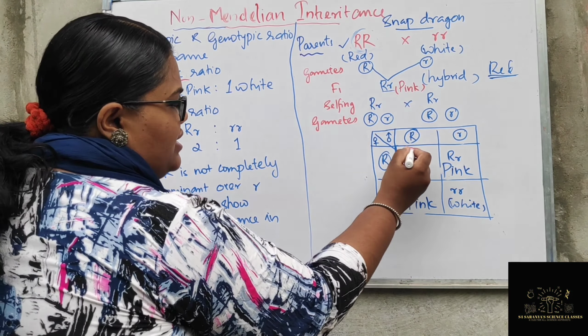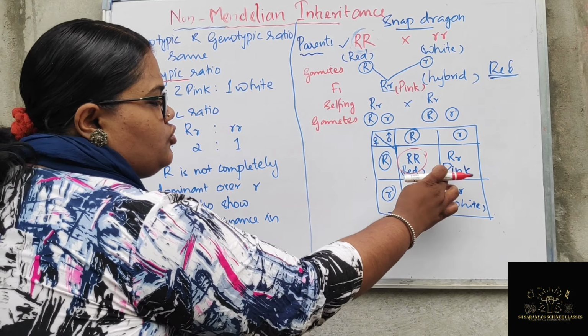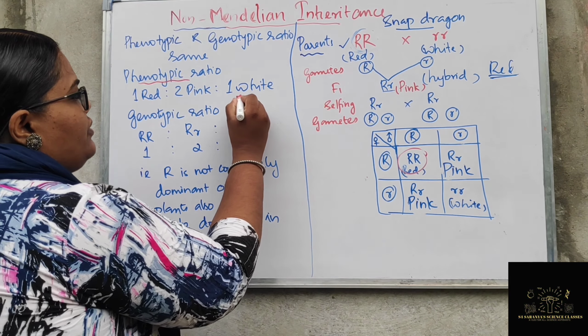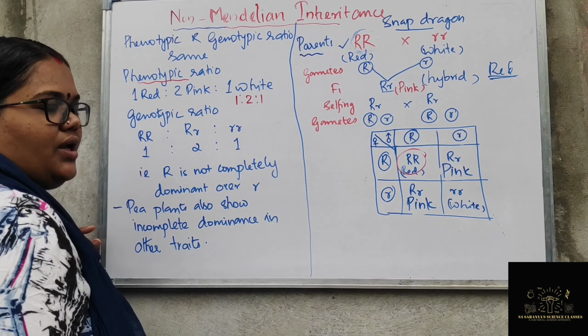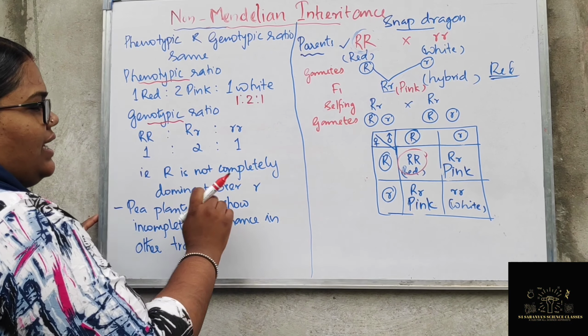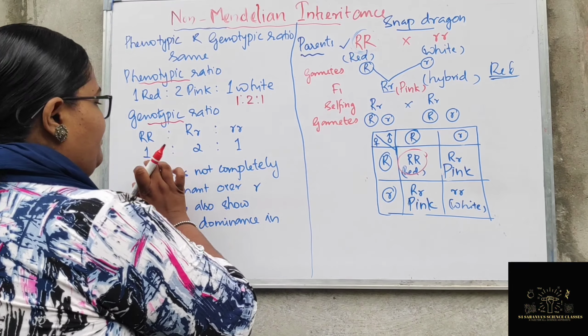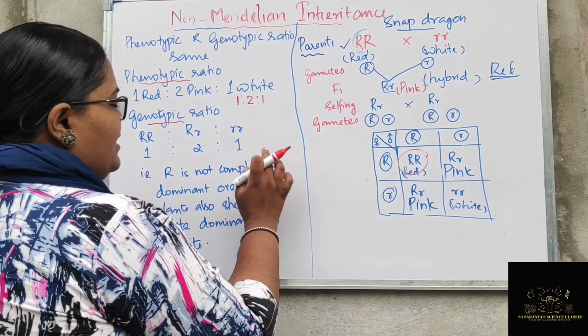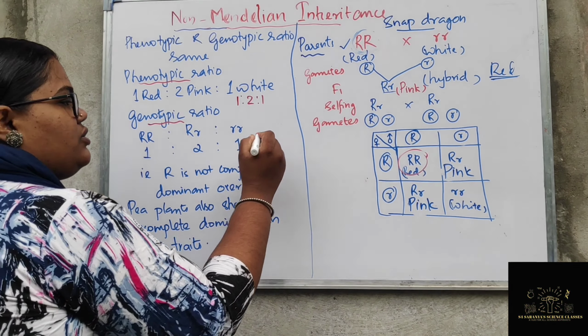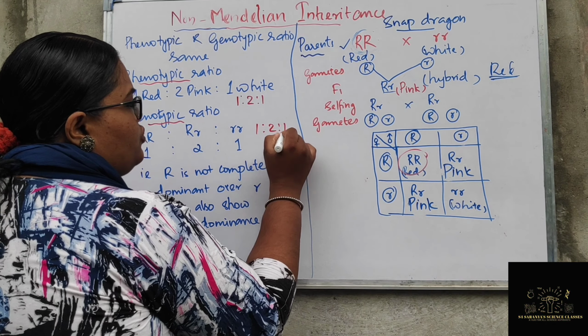Here you can see 1 red and 2 pink, and 1 white. So the phenotypic ratio is 1:2:1. If you are going for the genotypic ratio, what are the genotypes here? You can see 1 capital R capital R, 1 small r small r, and 2 capital R, small r. So here also the ratio becomes 1:2:1.